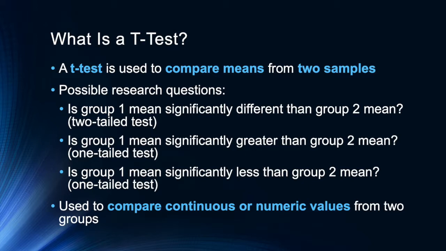So a couple of possible research questions. I'm going to give an actual example in a little bit. So one question we might ask is, is the group one mean significantly different than the group 2 mean? Even if you're pretty sure that one's greater than the other, I would recommend in most cases looking at if they are different versus one greater than the other. So the p-value requirement for the difference is higher, so you'll be less likely to make an error.